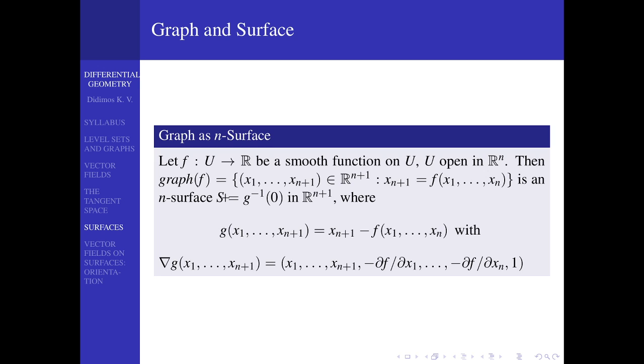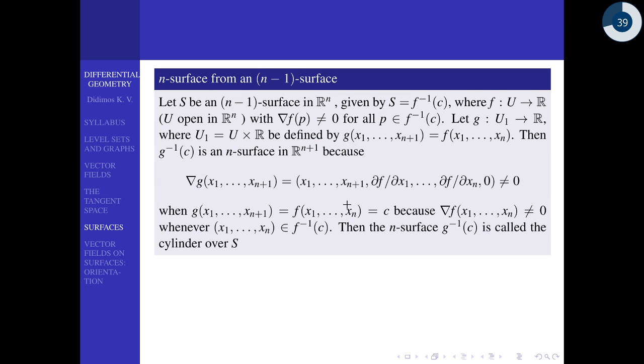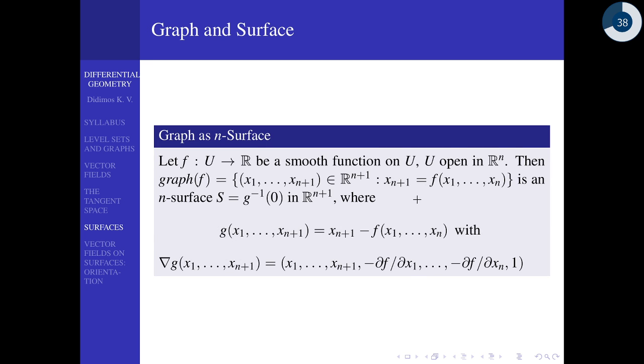So this graph can be considered as, or if you define S equal to G inverse 0 in R^(n+1) such that G of x1, x2, etc., x(n+1) equal to this value. Now this G is a function from R^(n+1) to R. Then what is G inverse 0?